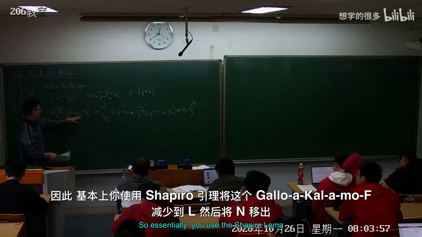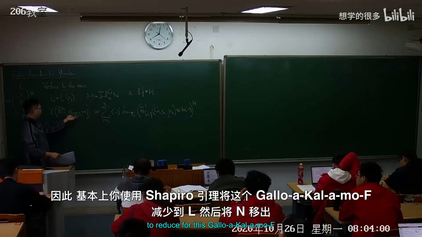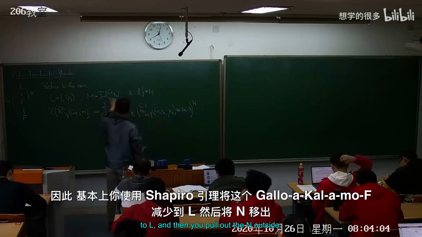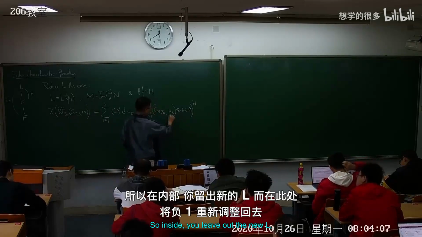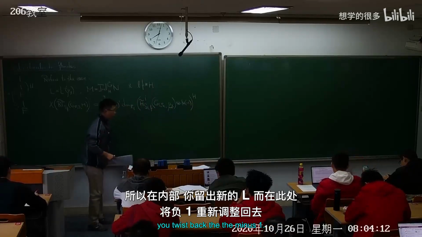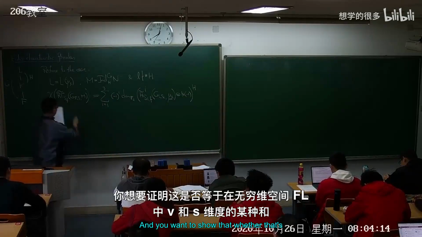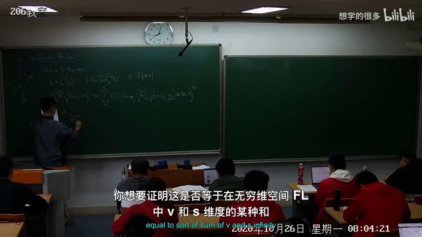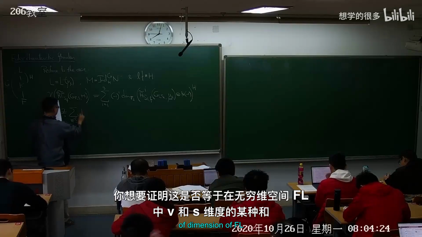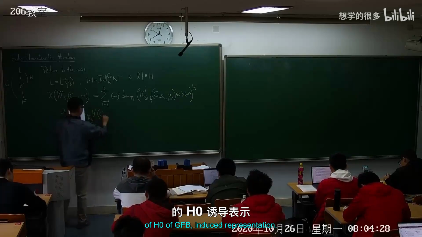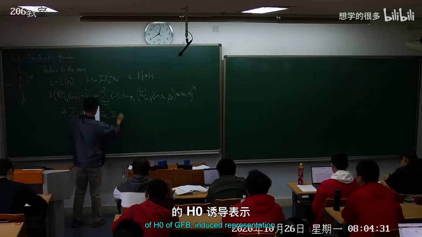So essentially you use the Shapiro lemma to reduce for this Galois extension F to L, and then you pull the N outside. So inside you leave out a mu L, and over here you twist back the minus 1. Okay? And you want to show whether that's equal to the sum of V in S infinity of the dimension of FL of H0 of GFG of the induced representation.